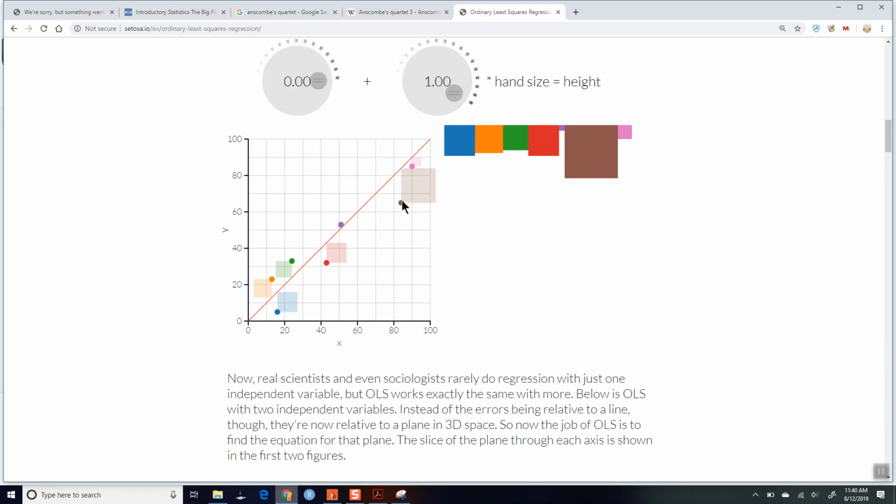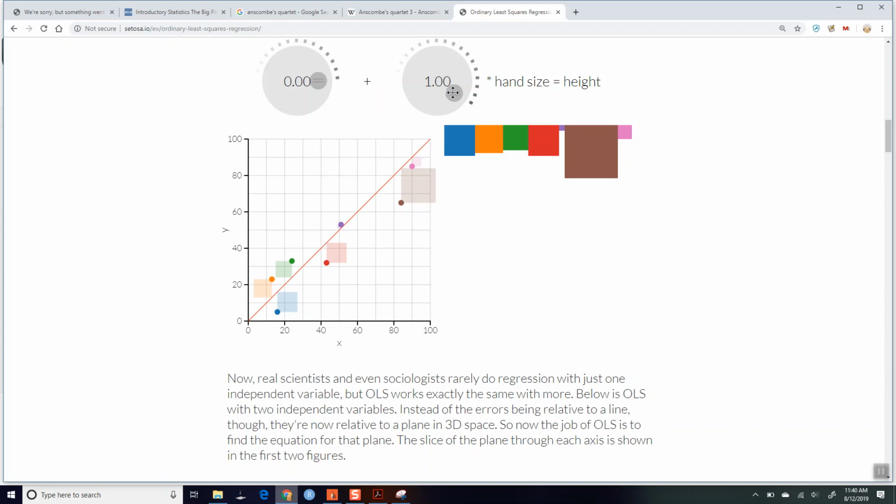The actual value is maybe like 65, and so there is a difference between what the line predicts and what the actual value is. That's the vertical distance between the dot and the line.